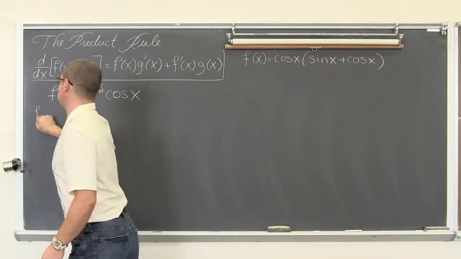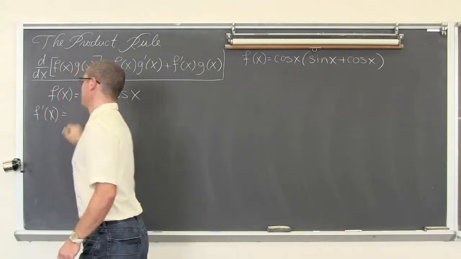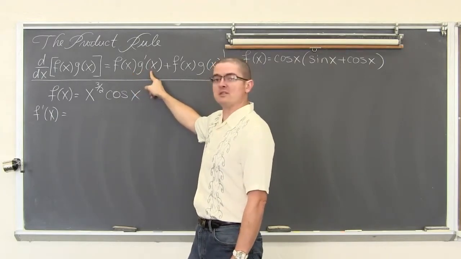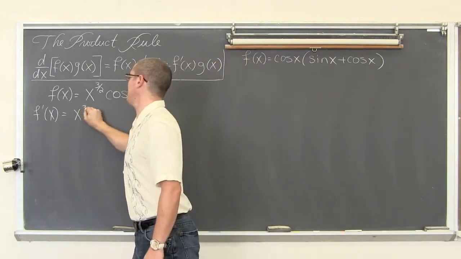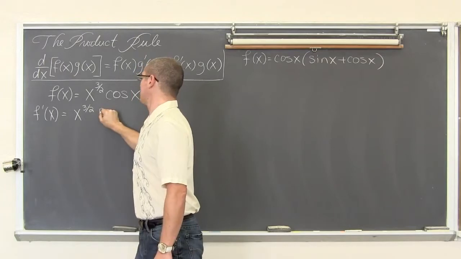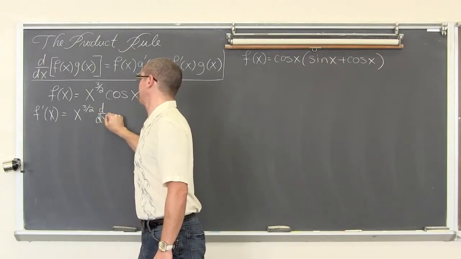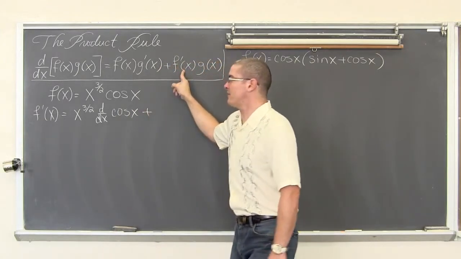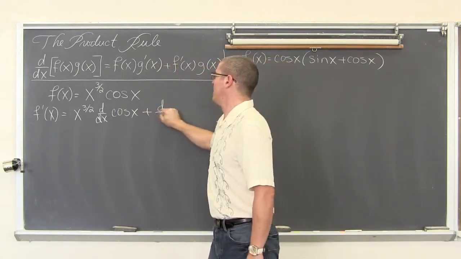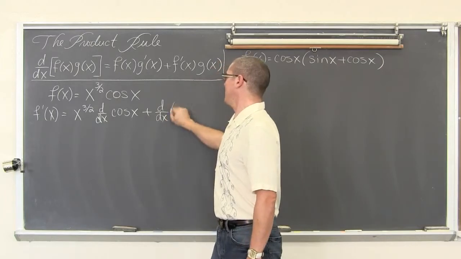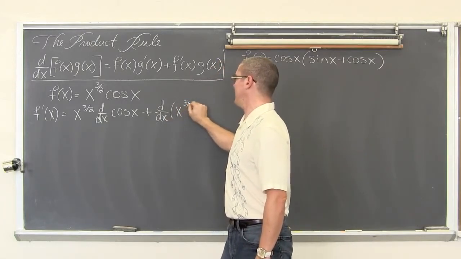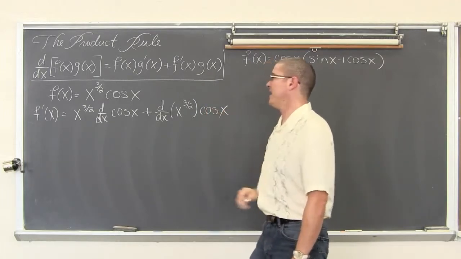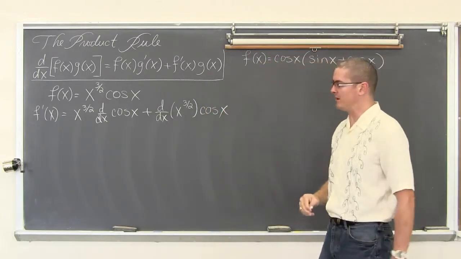So f prime of x, or the derivative of f, is equal to the first factor times the derivative of the second, so x to the 3/2 power times the derivative with respect to x of cosine of x, plus the derivative of the first factor, the derivative with respect to x of x to the 3/2 power, times the cosine of x, with, of course, no derivative on it.